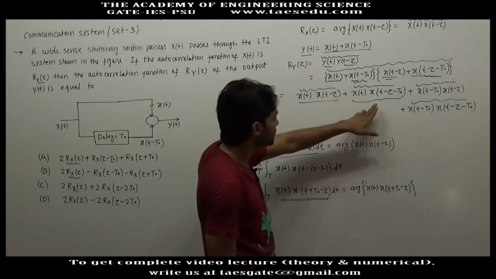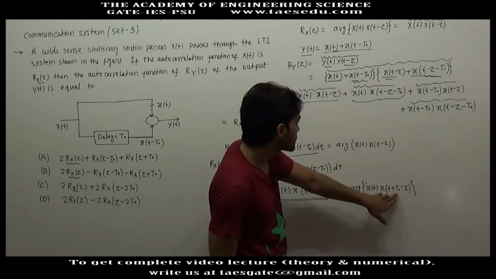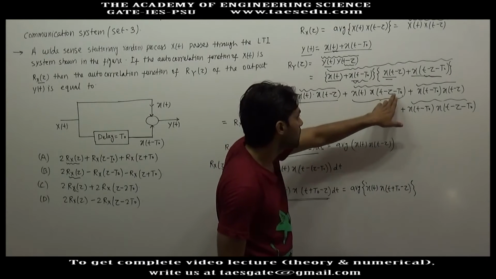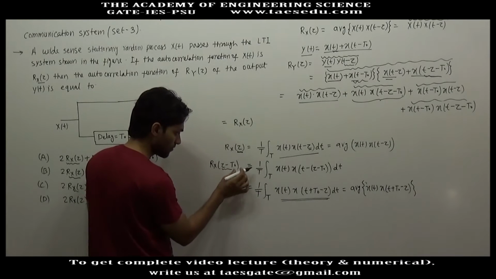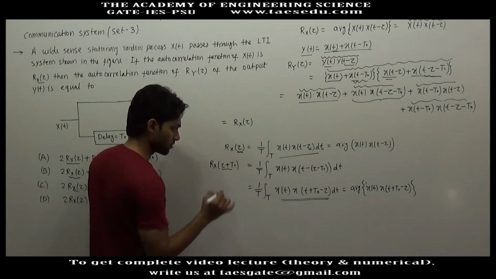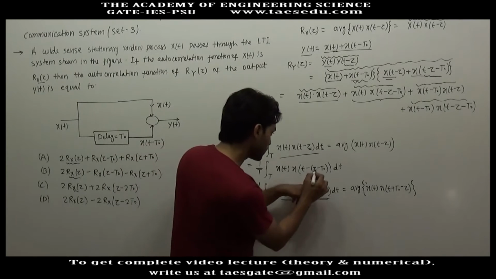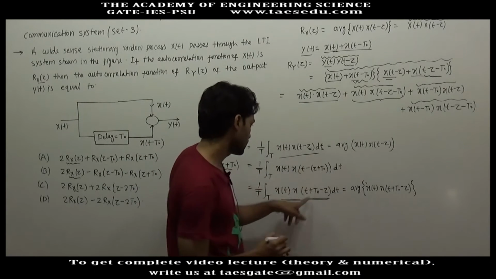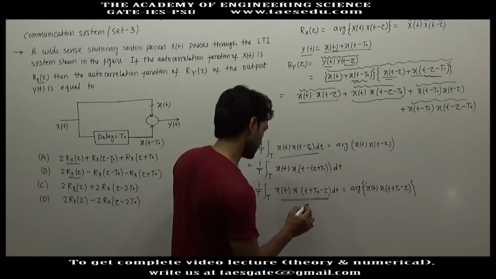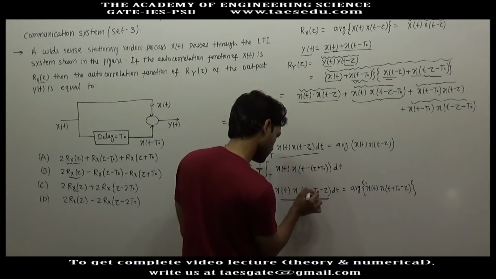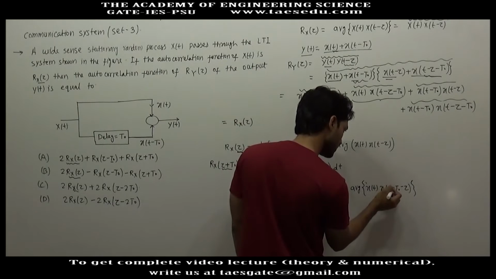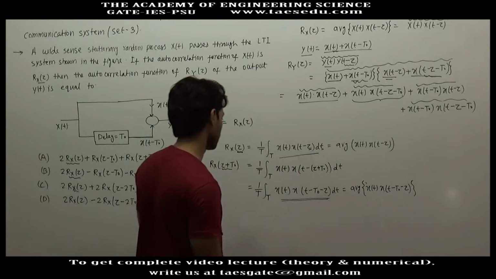But here we have t plus capital T naught, and here we have t minus capital T naught. So at the place of tau, if we put tau plus T naught, then what will happen? Here we will have tau plus T naught, and now we will have a negative sign. Now T naught will be negative, and here T naught will also be negative.